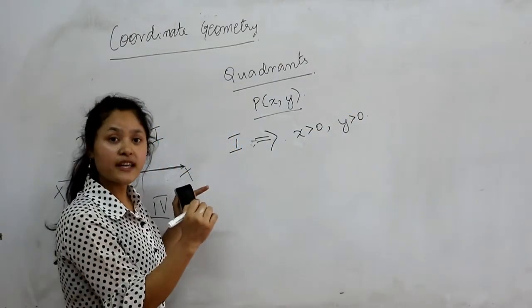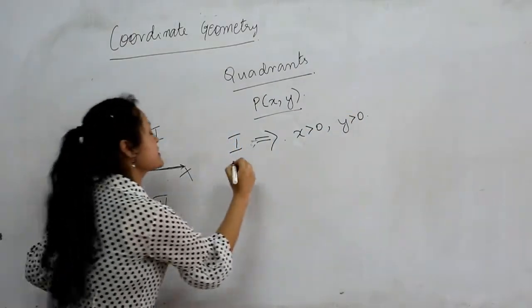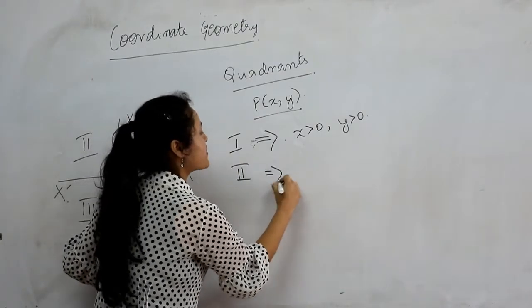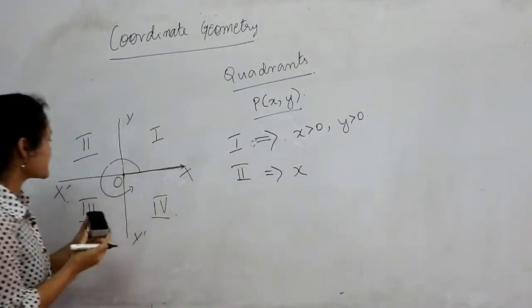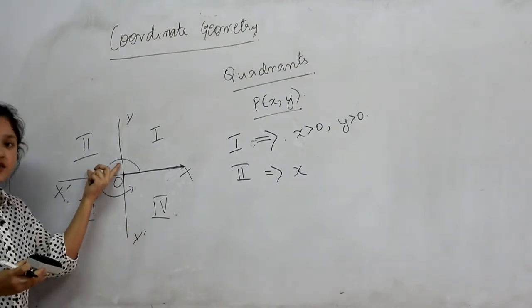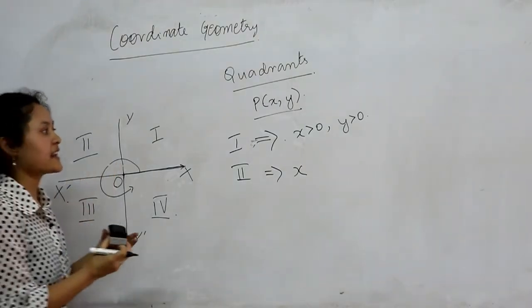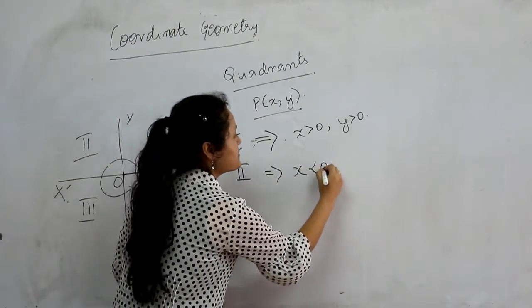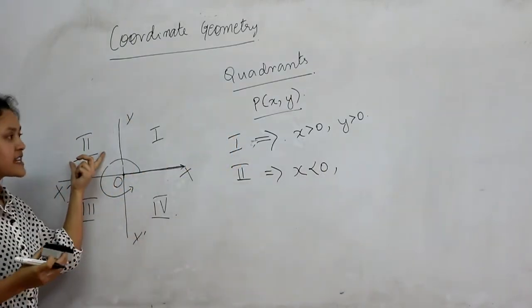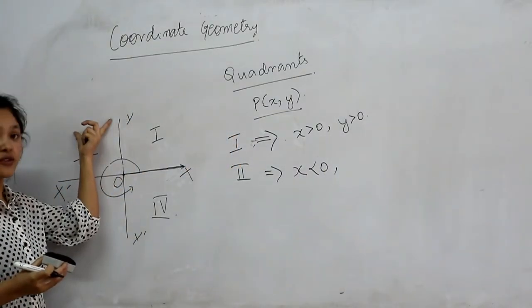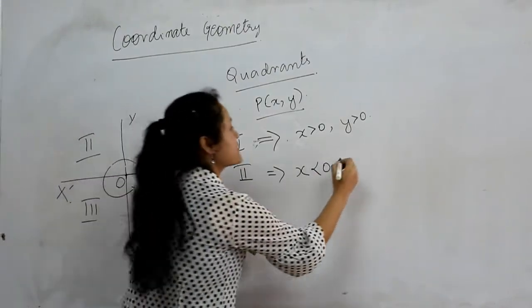If your point lies in the second quadrant, x is measured towards the left of O, so it is negative, and y is measured above O, so it is positive.